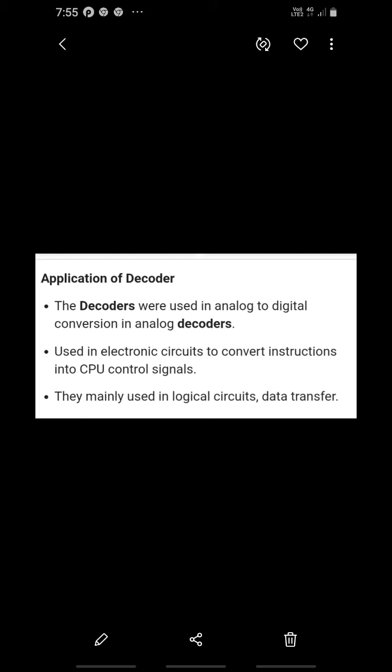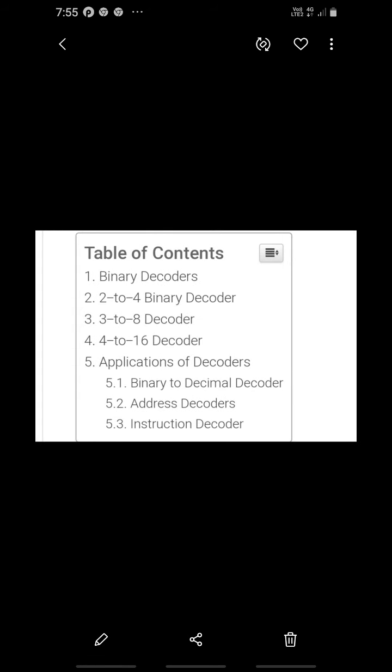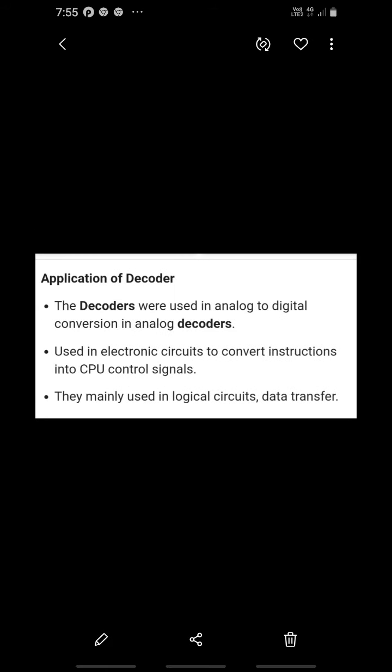So these are the important applications of the decoder, and these are mainly used in binary to decimal decoders, address decoders and instruction decoders.